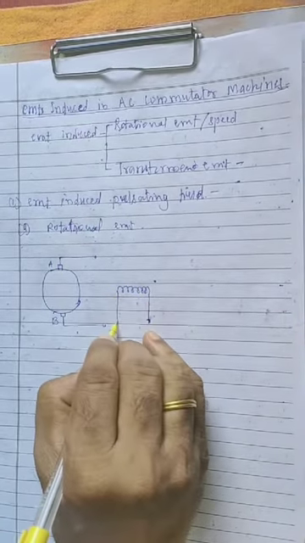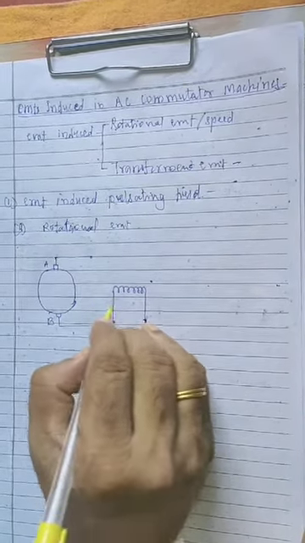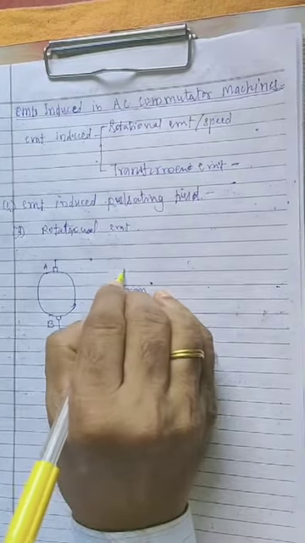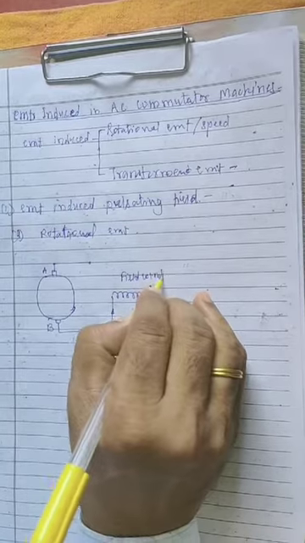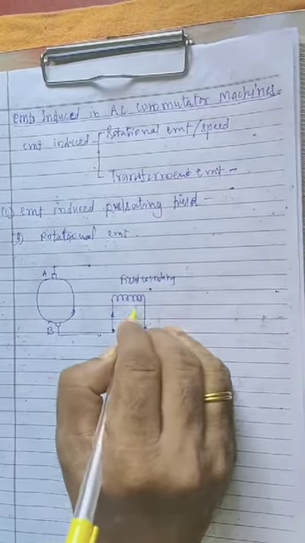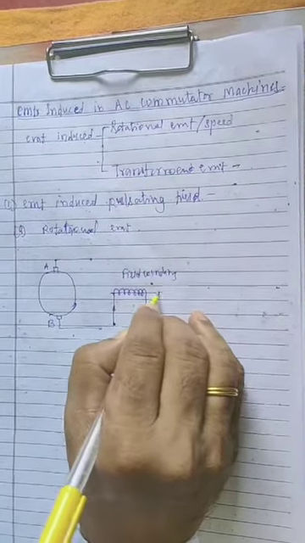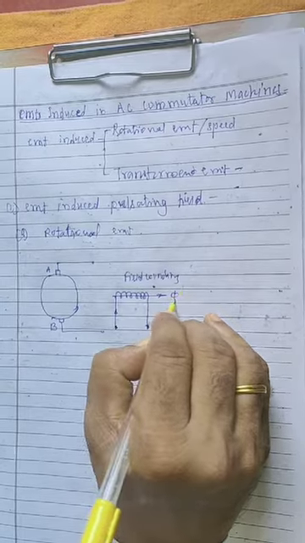This is a DC machine. The field winding, when connected across the supply, produces flux along its axis. This is the field axis, and this is the field flux.